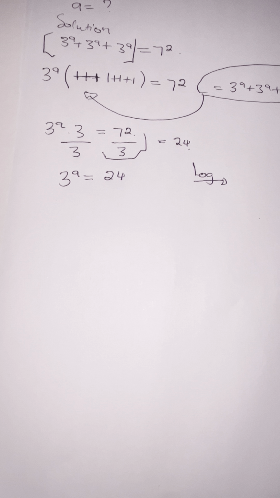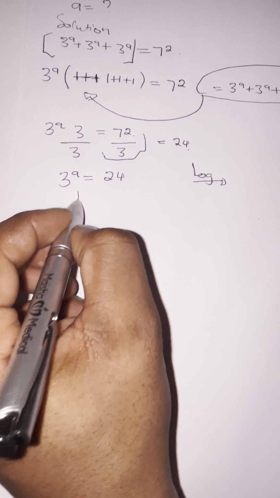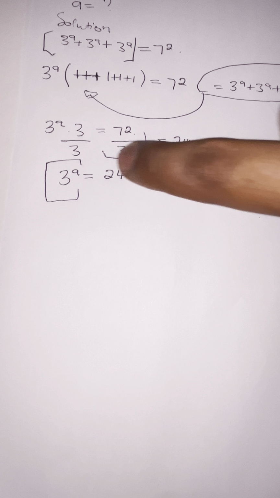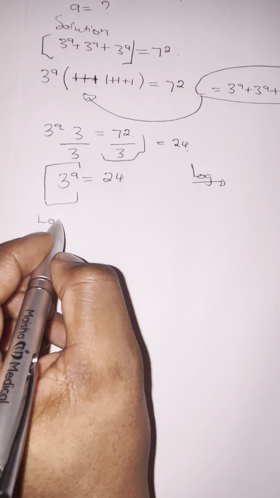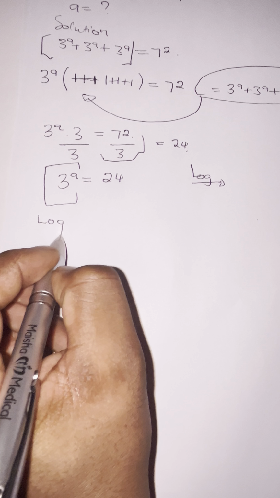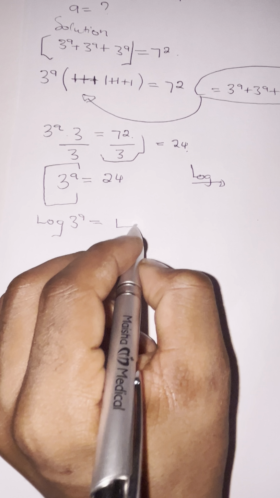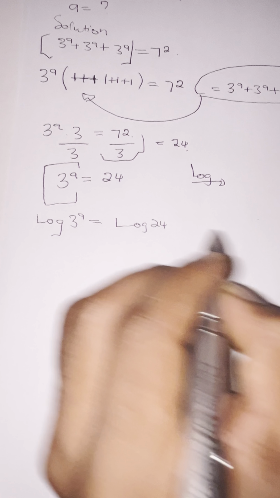How do we introduce log in this? It's because we want to solve this exponential a. Once we introduce log, we get log 3^a is equal to log 24.